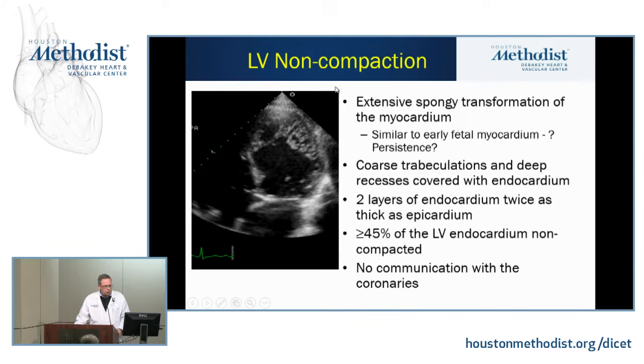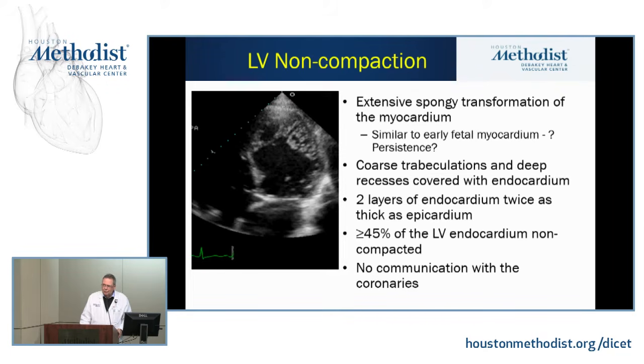So it's extensive spongy transformation of the myocardium, said to be similar to the fetal myocardium: coarse trabeculations and deep recesses, 2 layers of endocardium twice as thick as the epicardium. There have been some criteria put together, but it's like your mother-in-law.